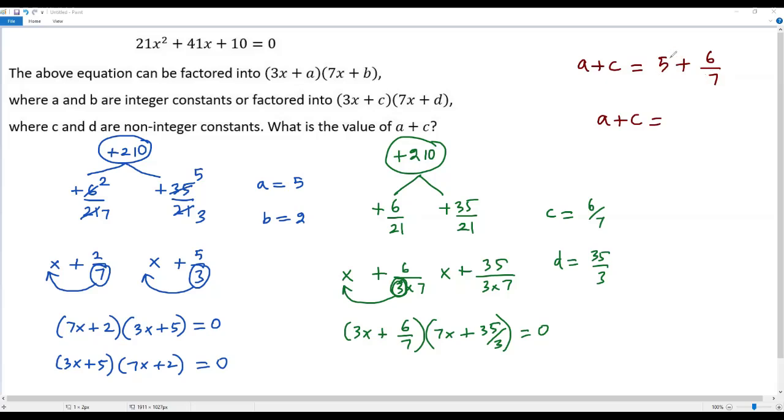Okay, first let me multiply this integer 5 by 7, then I'm getting 35 positive 6. So already I have multiplied this integer part 5 by this denominator 7. Since I have multiplied, I can take this 7 as a common denominator. So finally I'm getting a positive c equals 35 positive 6, which becomes 41 over 7. I got the value of a positive c. So the value of a positive c is 41 over 7.